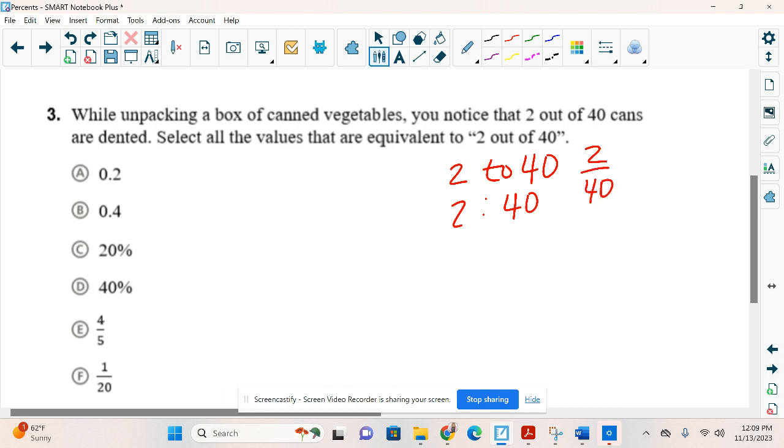And then what I would do is I would try and see, does this equal any of these? Well, we have to look at it in the form of a decimal, a percent, and a fraction. So I would put 2/40ths, and I would try my conversions, try it as a decimal, try it as a fraction, try it as a percent, and see what you get.